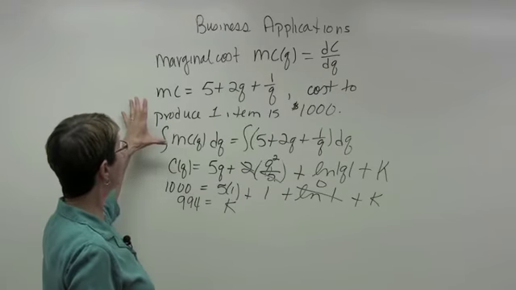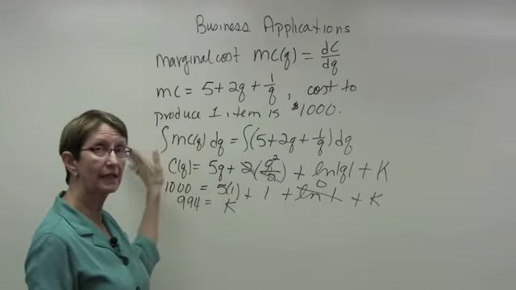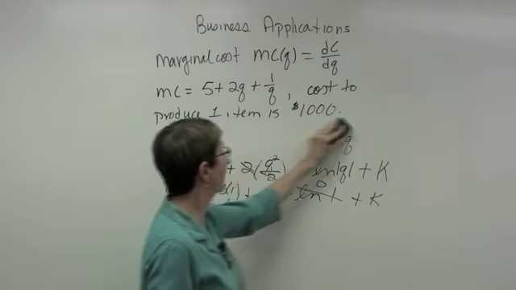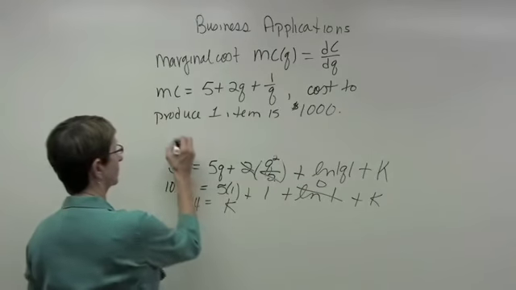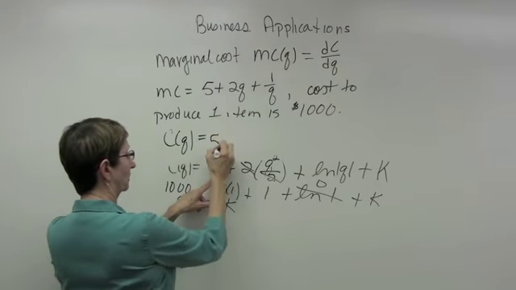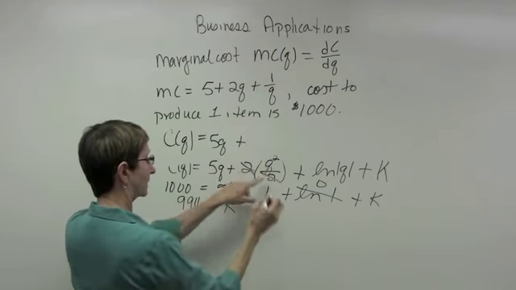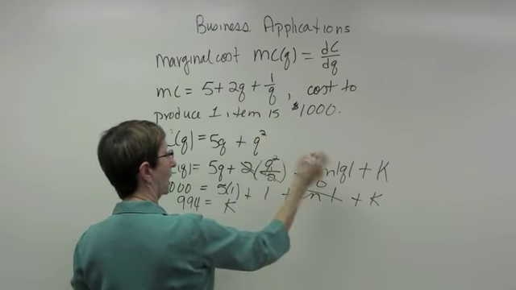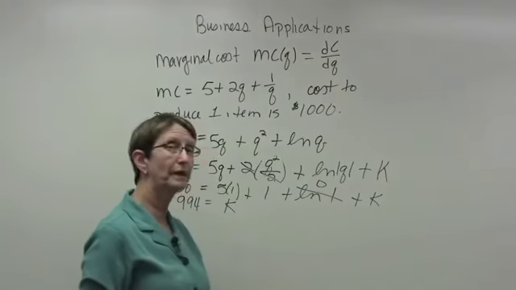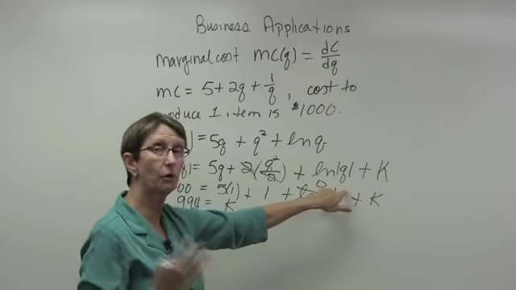So when I want to find my cost function, after I've taken my antiderivative and I've worked through this, I can find that the cost function, C of q, is equal to 5q plus q squared plus natural log of q, because q must be positive, it's a quantity.